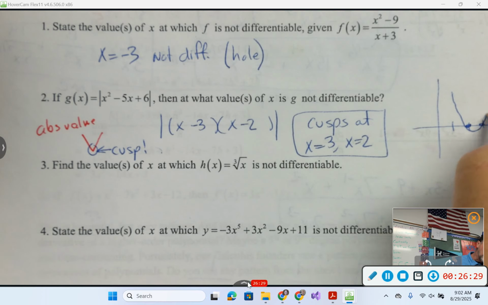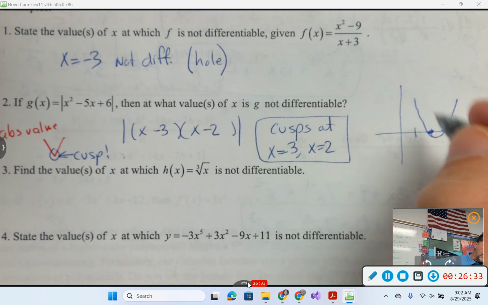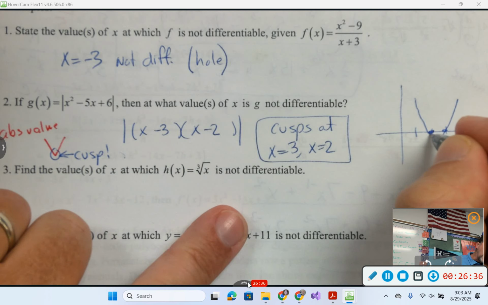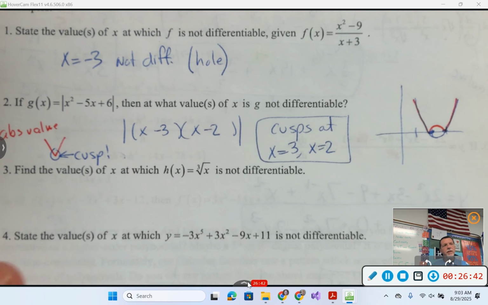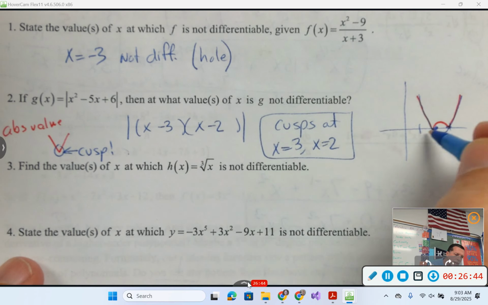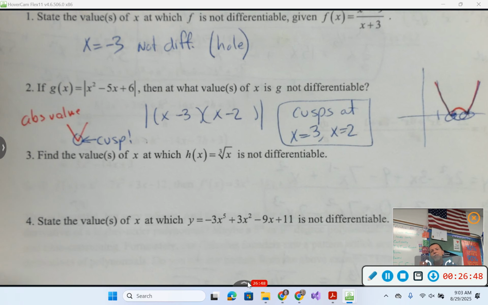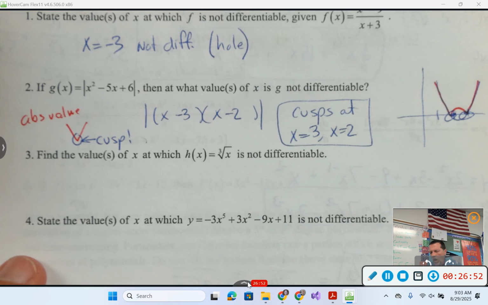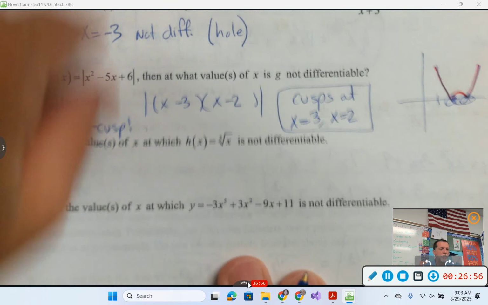So there's the graph of the parabola, but if we absolute valued that and made the negative turn positive, there would be our cusp at 2 and 3. So for us, if it makes the absolute value 0, there's a cusp there. There's a few exceptions, but we're not going to worry about the exceptions for that.